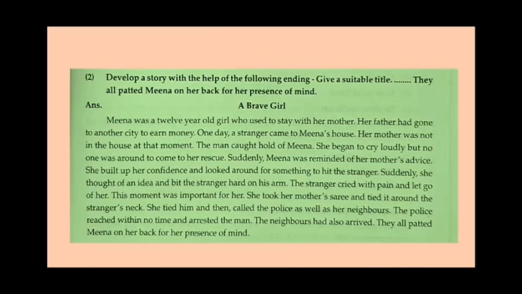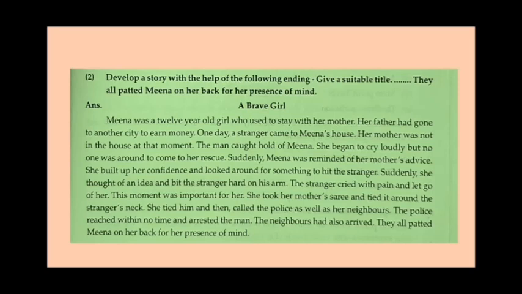Now this is a sample of what kind of a story y'all will be getting. Develop a story with the help of the following ending. Give a suitable title. They all patted Meena on her back for her presence of mind.